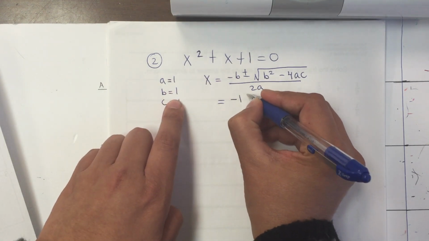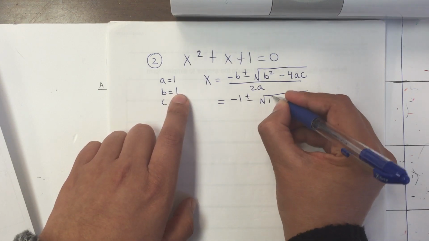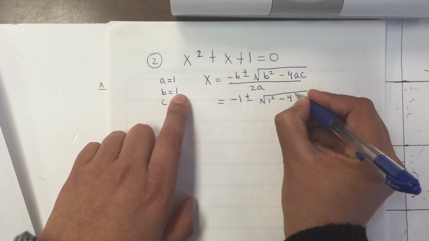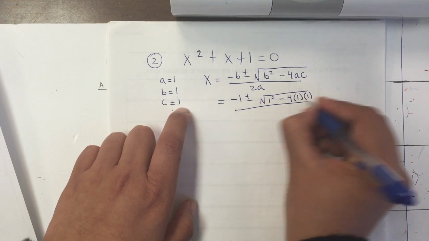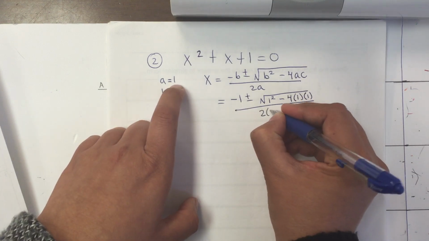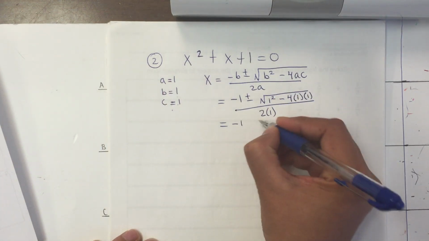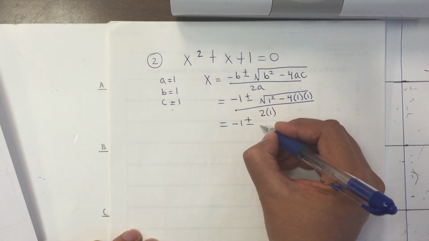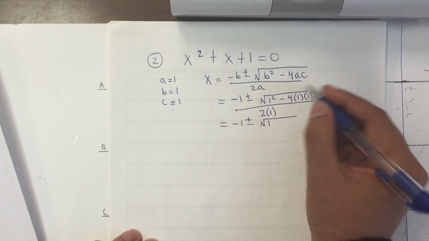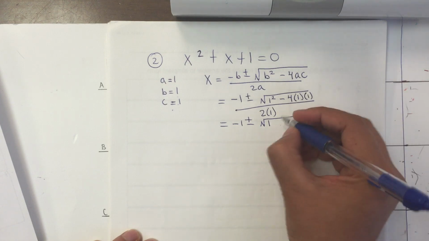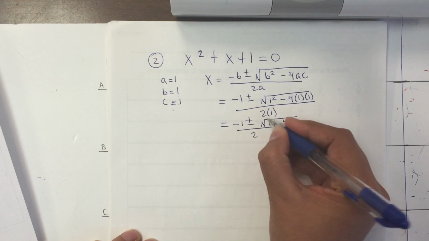Negative b, b is 1, plus minus the square root of b squared, which is 1 squared, minus 4 times a, which is 1, times c, which is 1, all over 2 times a, which is 1. Lots of 1s right now. And so we bring down negative 1 plus minus the square root of 1 to the second power is 1, minus 4 times 1 times 1, that will be minus 4, all over 2 times 1 is 2.